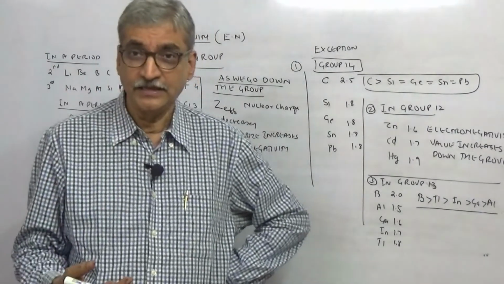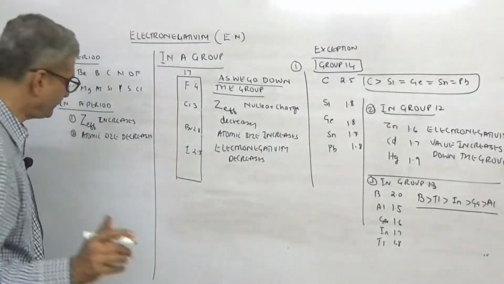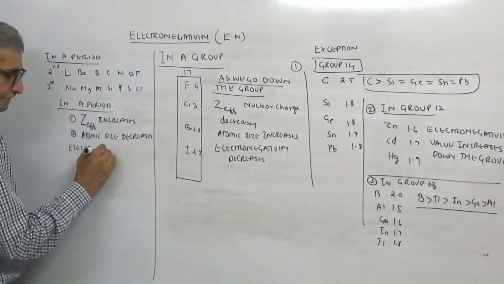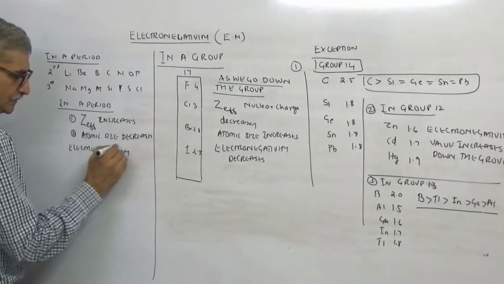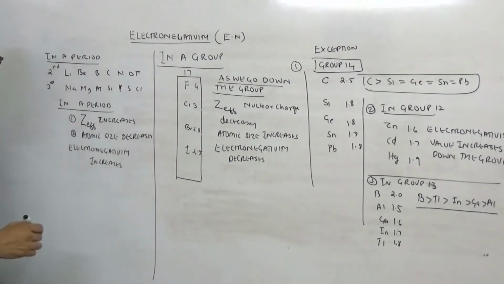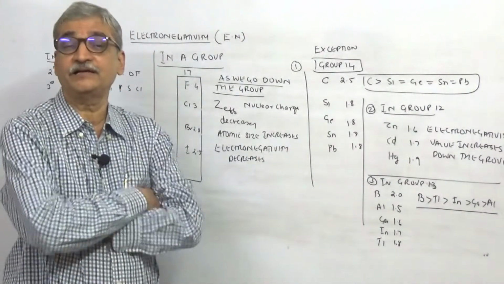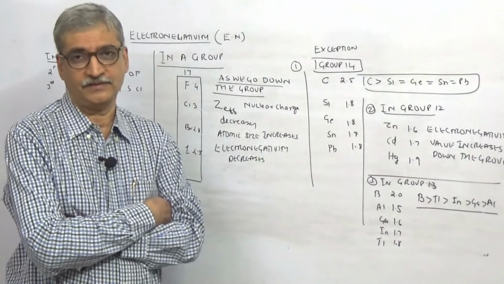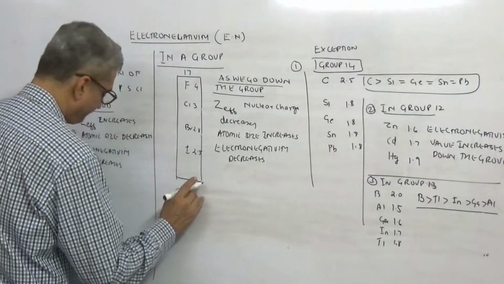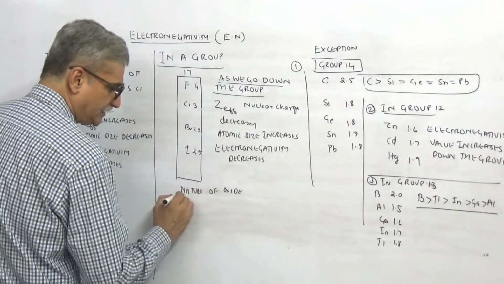Nuclear pull is increasing, but it is always said in terms of effective nuclear charge, because that is the correct indication of this. So what is going to happen? Electronegativity increases. That makes fluorine the most electronegative element in the complete periodic table. Is this clear? Because there is a benchmark.